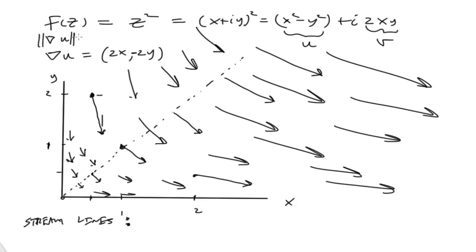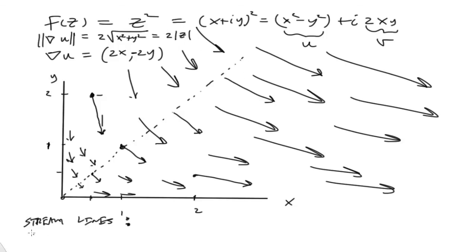So this is the vector magnitude, which will simply be 2 square root of x squared plus y squared. So that's clearly going to be 2 times the modulus of z. So the fluid seems to be getting faster and faster as you get further away from the origin, by a factor of 2 times the distance from the origin.